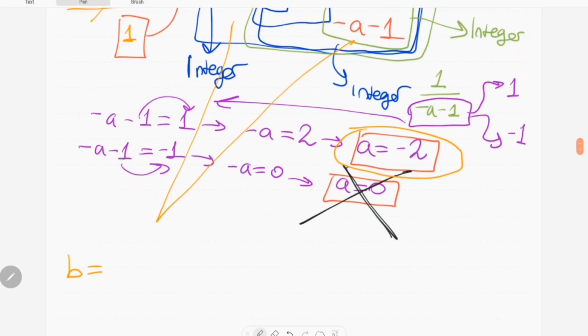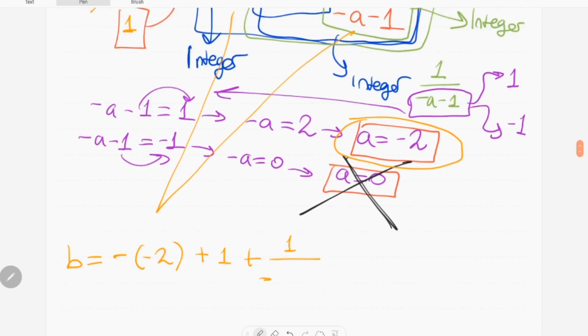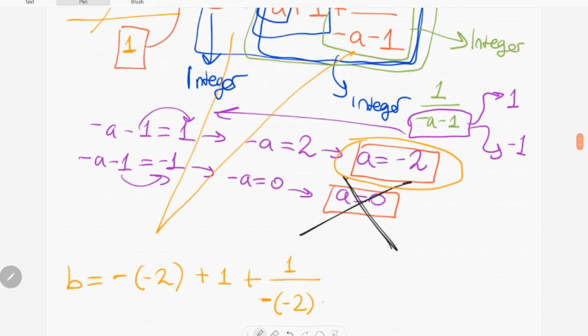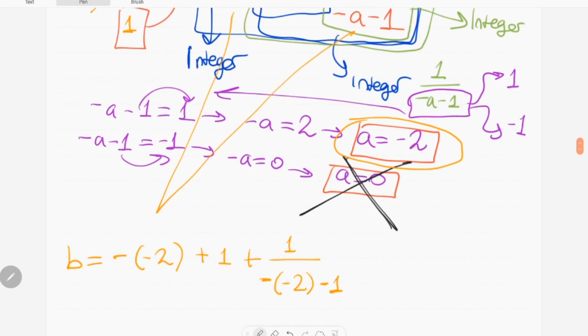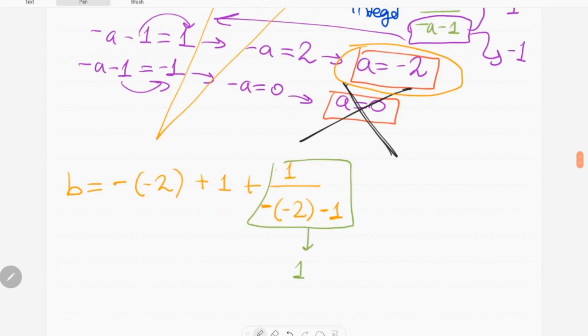Now, if I found a as minus 2, let me write it down here. B is minus 2 plus 1 plus 1 divided by minus 2 plus 1. Sorry, minus 1. So this is 1. This is 2 plus 1 plus 1 equals 4.